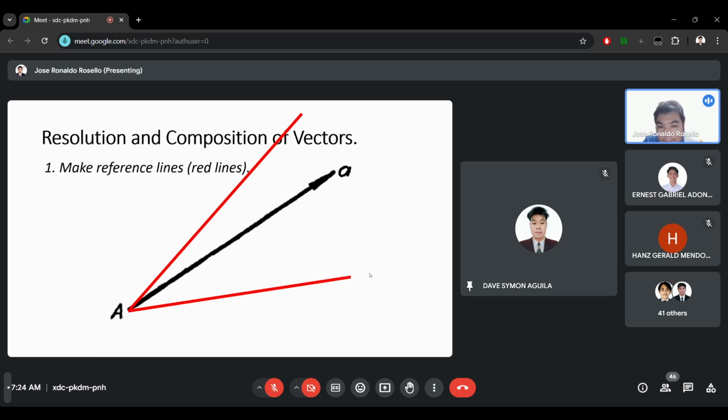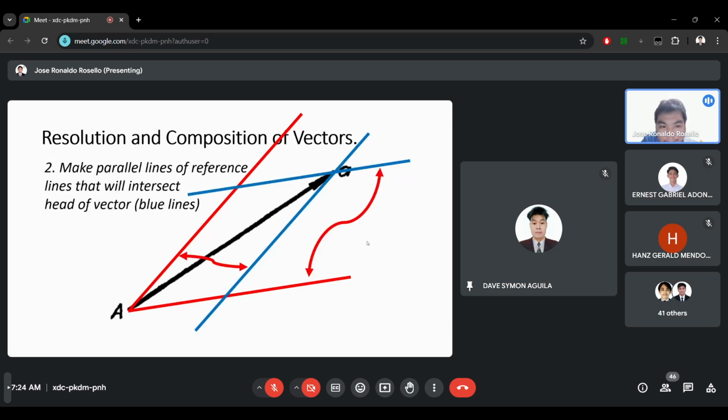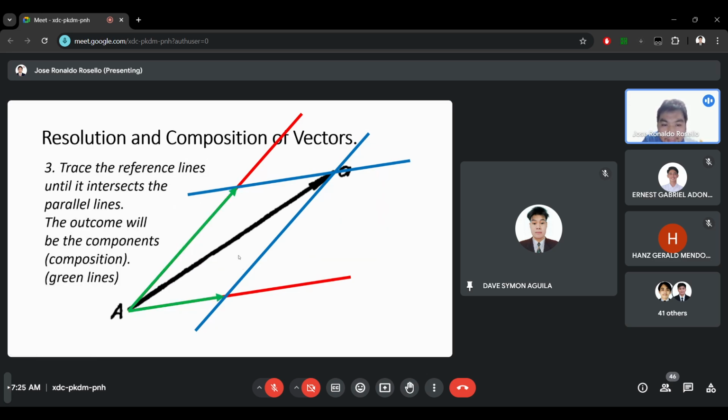We have to make parallel lines of this reference line that intersect at the end of the vector, like this one, the blue one, and their intersection points will be the end of the component vectors, this green line. And these two are now the component vectors that have a resultant of the vector that is given.